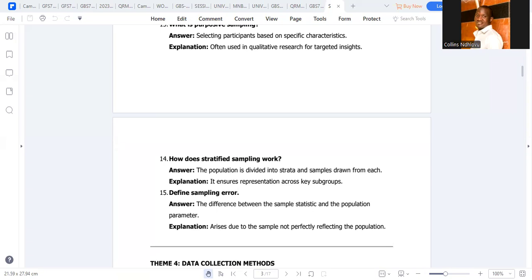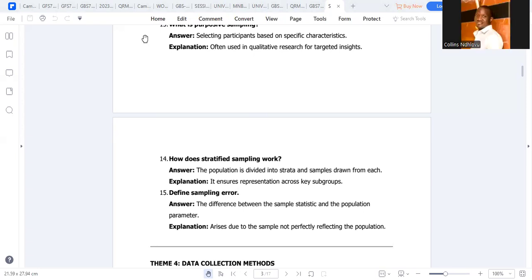Quick, can you remember? Mention any 4 types of biases that I've mentioned. Any 4 types of bias? I think you've talked about the selection bias, non-response bias, the measurement, and that's instrument bias, and observer bias.